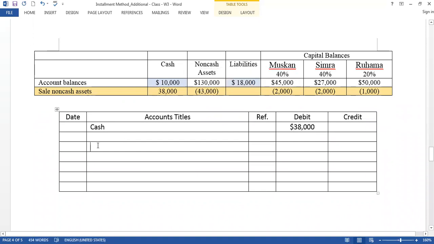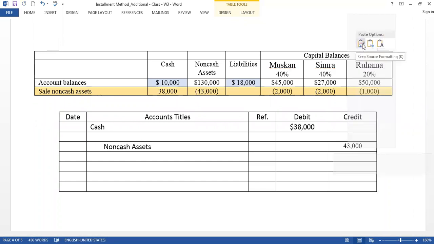So you can see that I keep some space for the credit item. Non-cash assets credit. So credit is $43,000. Something like this.